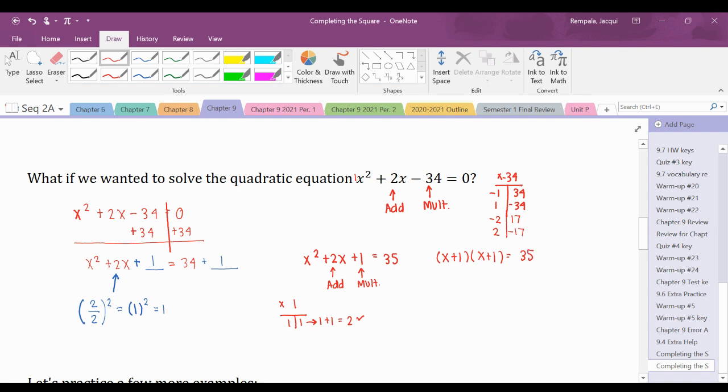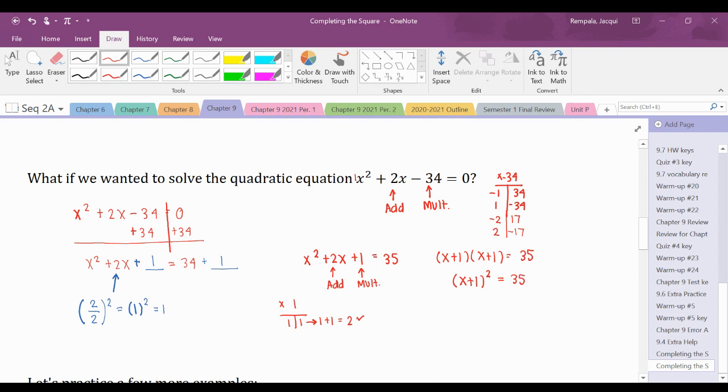What I was talking about, though, a little bit above is we have the exact same binomial, which means that I can really write it as x plus 1 quantity squared, and that equals 35.